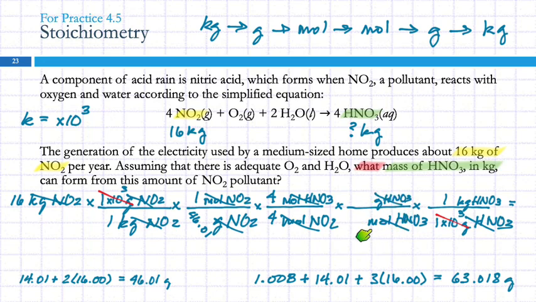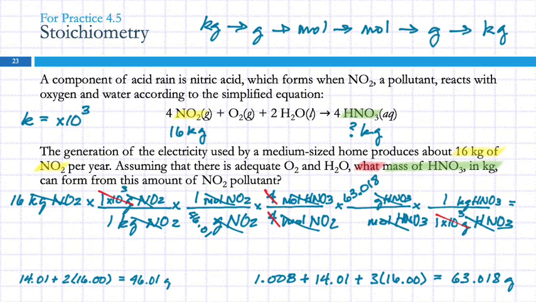So here's where I use the molar mass of nitric acid. I put the number with grams. And sometimes it gets a little squishy. So I've got 16 divided by 46.01 times 4 divided by 4, as long as we're canceling things out.